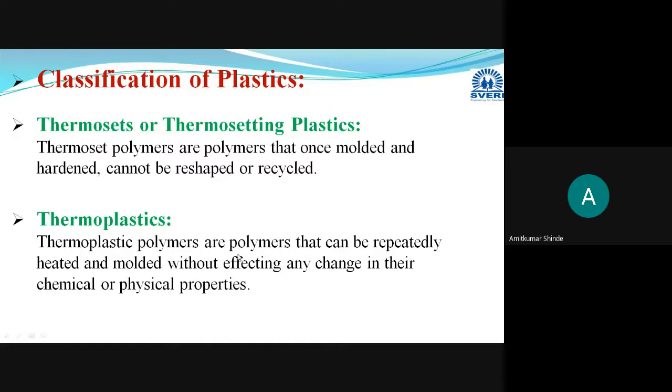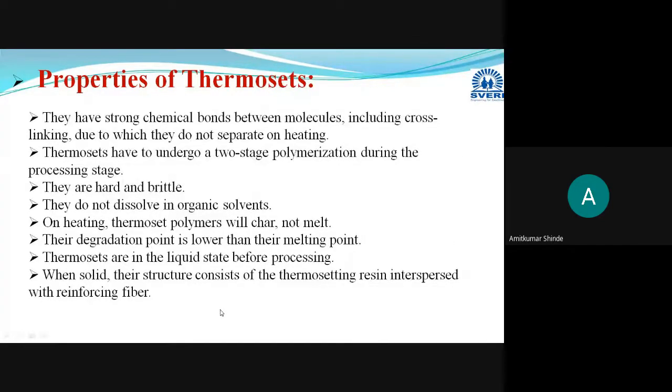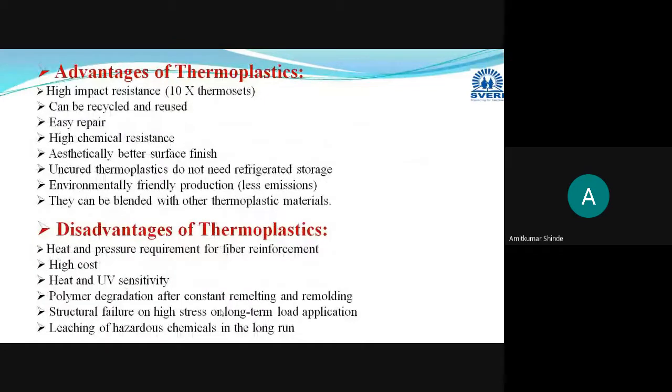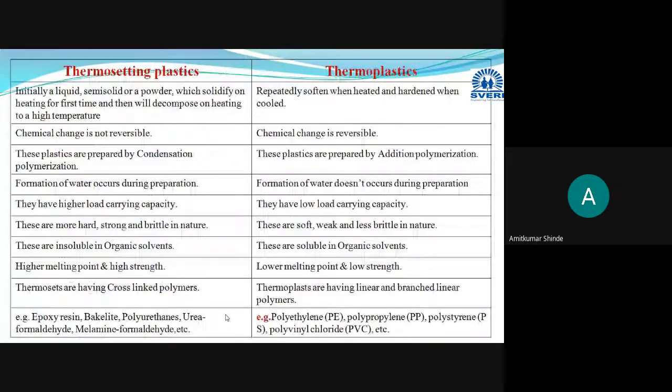Thermoplastic materials are polymers that can be repeatedly heated and molded without any change in their chemical and physical properties. Then separately we discussed properties, advantages, and disadvantages of thermoplastics and of thermosets.